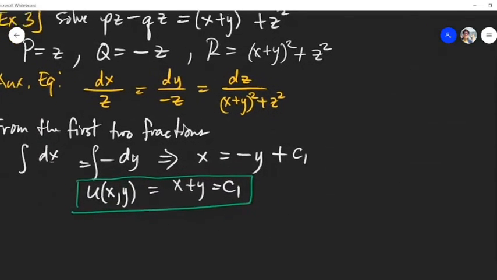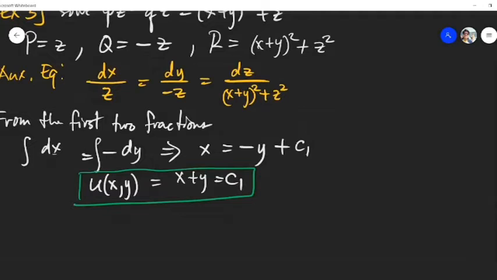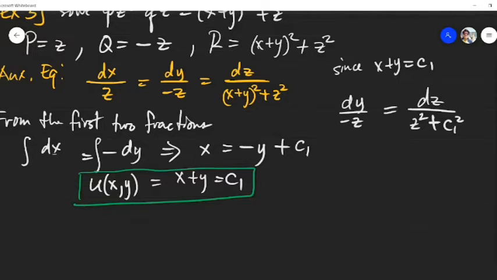Okay, let's use this color. Yeah, so that's our first solution. So for our second solution, if you look at the third fraction, there is an x plus y, and x plus y is just equal to c sub 1. So let's say we equate the third fraction with the second fraction, that is dy over negative z is equal to dz over z squared plus the x plus y, which is c sub 1, then quantity squared. So z squared. Okay?